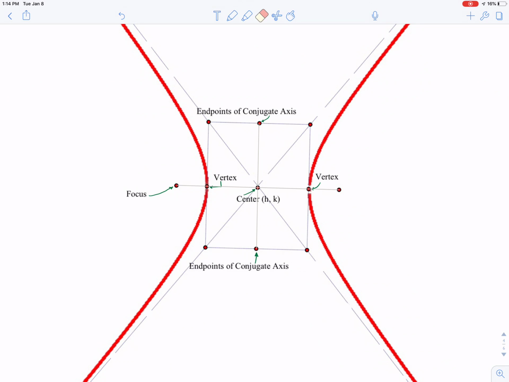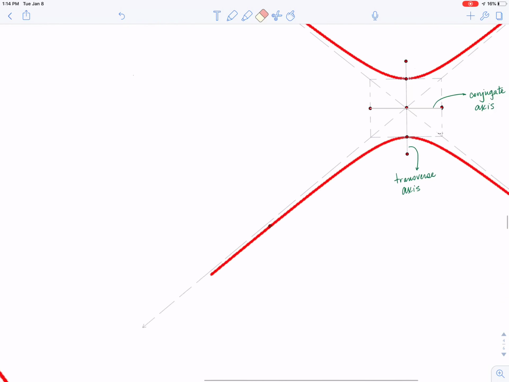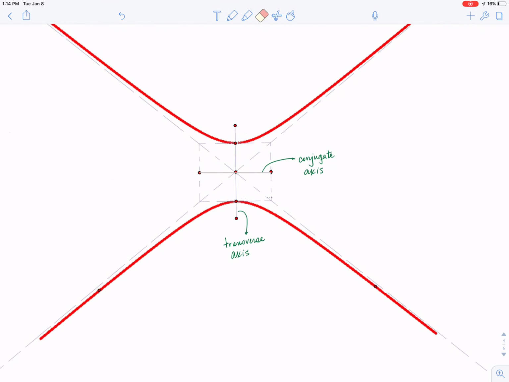You'll notice that there are two different axes that we have, and I believe I have those marked on this picture. The axis that connects the two vertices is going to be called the transverse axis. The other axis is called the conjugate axis.